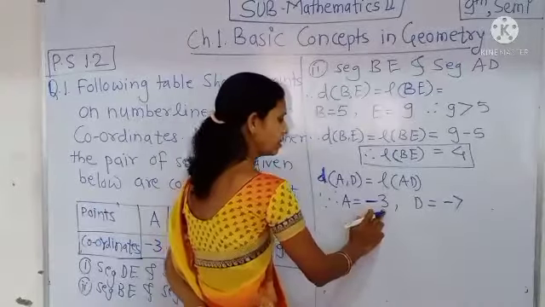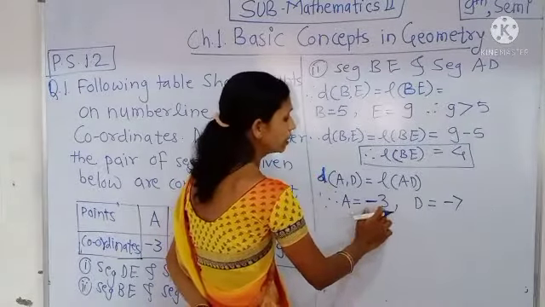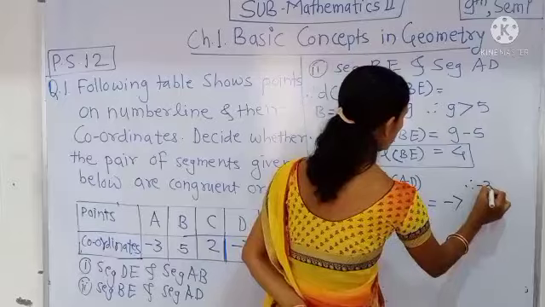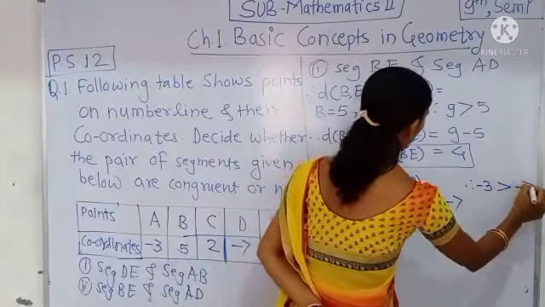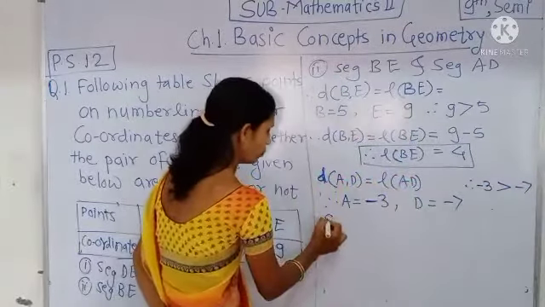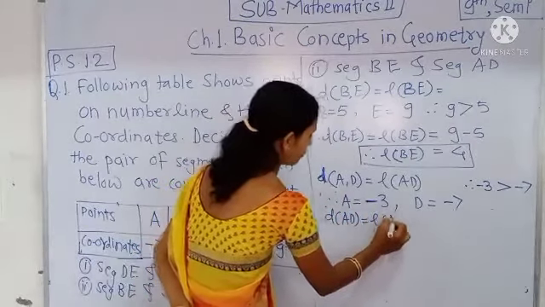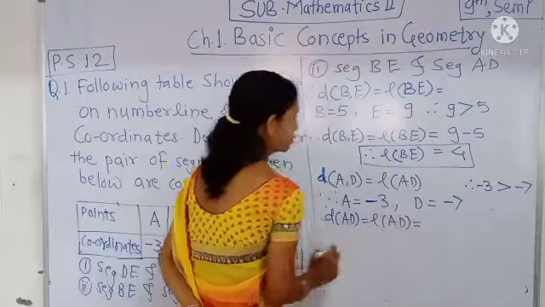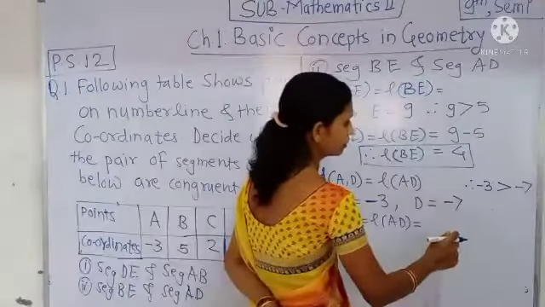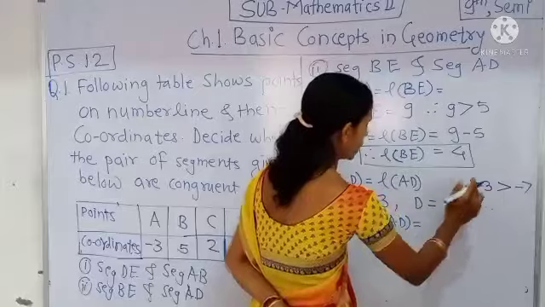Therefore here -3 is greater than -7. Therefore distance AD, that is length of AD, we have to subtract -7 from -3.